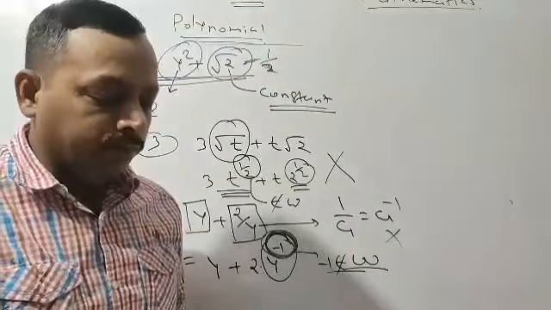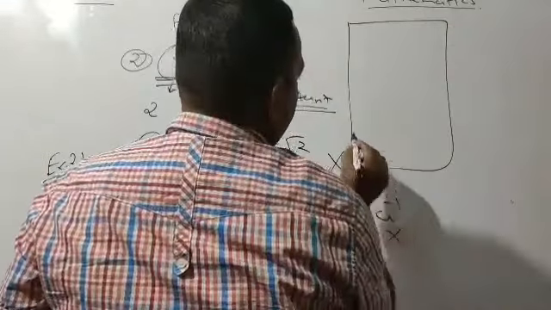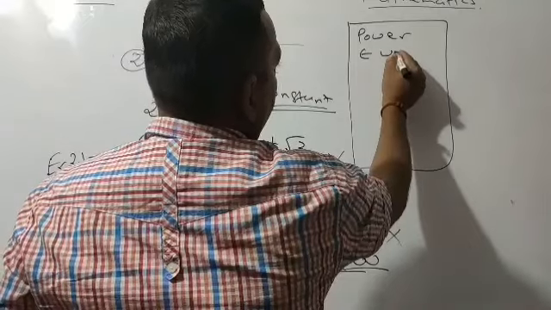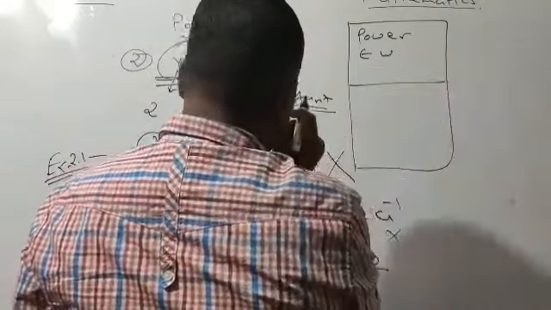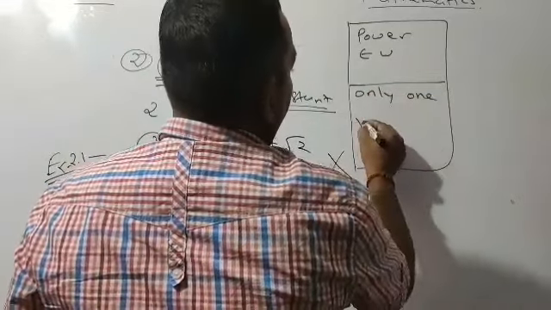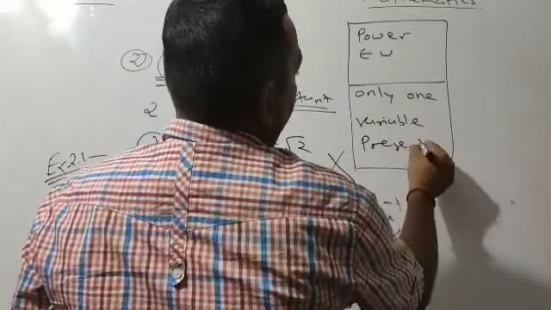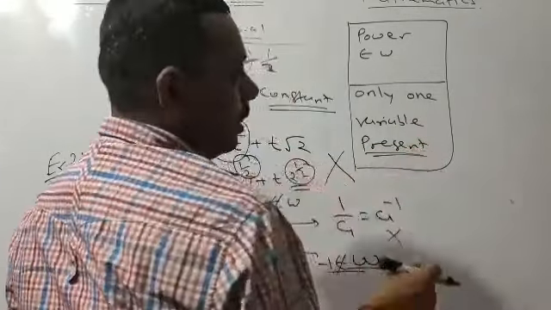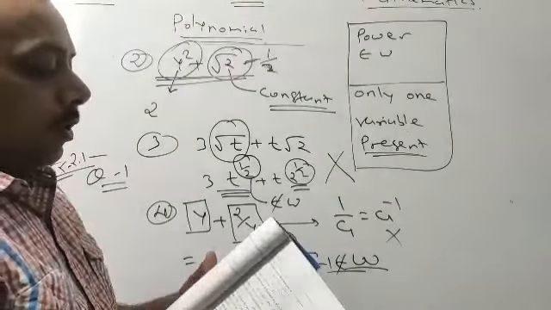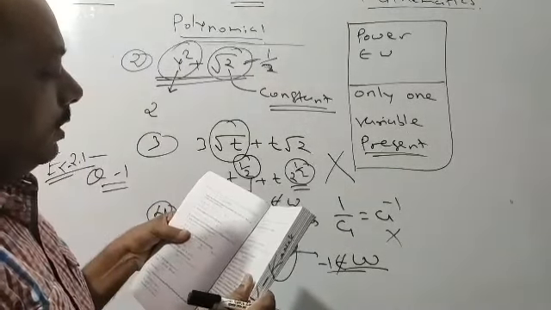So in general what do we have to see? For a polynomial we have to see two things. First, the power belongs to whole numbers, and second, only one variable is present in the question, because in this particular question 1 it is asked which are polynomials in one variable and which are not.